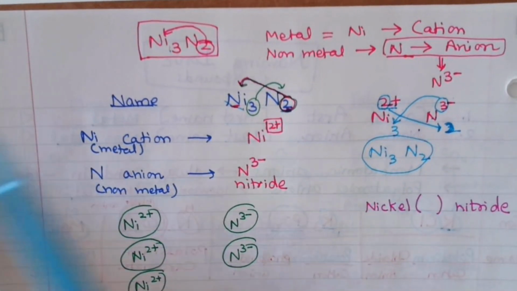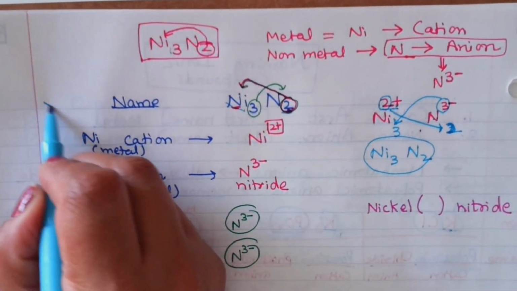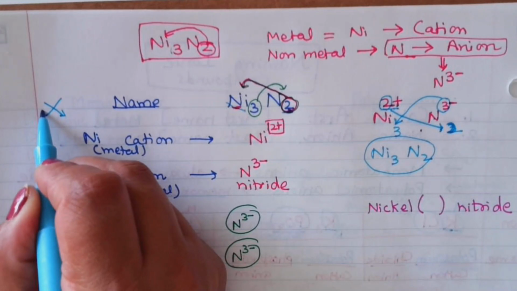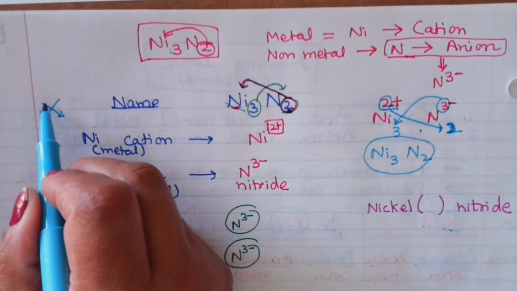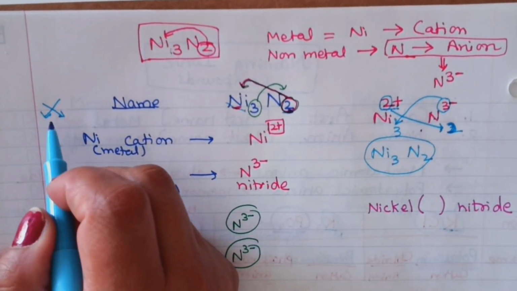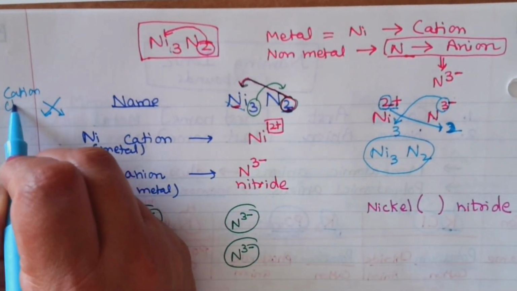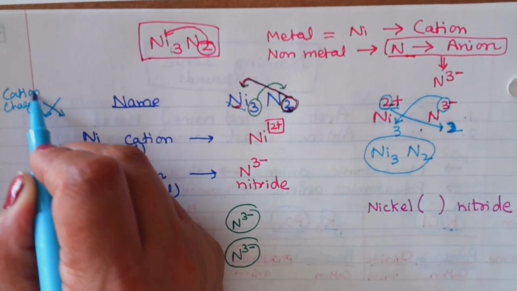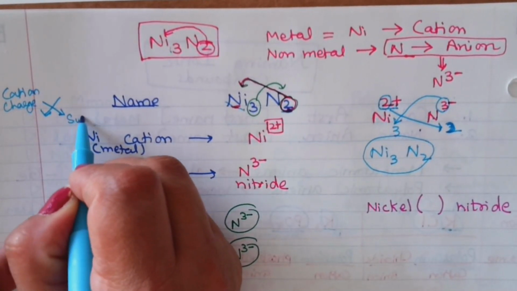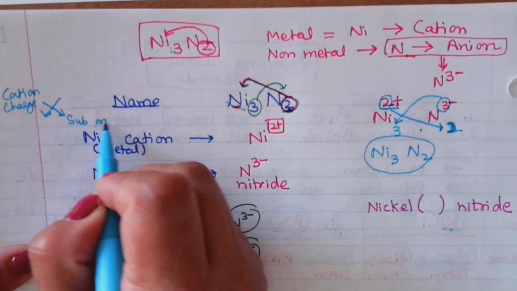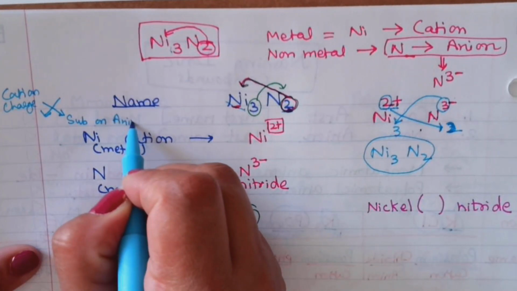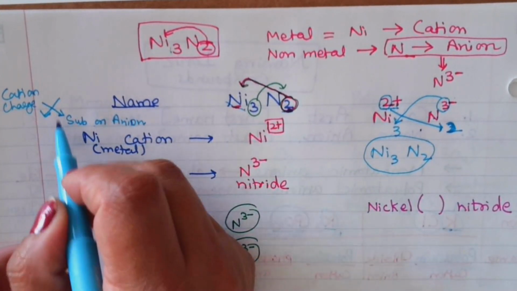So we always have to do the crisscross thing. Take the charge on the cation and make it a subscript on the anion, right?